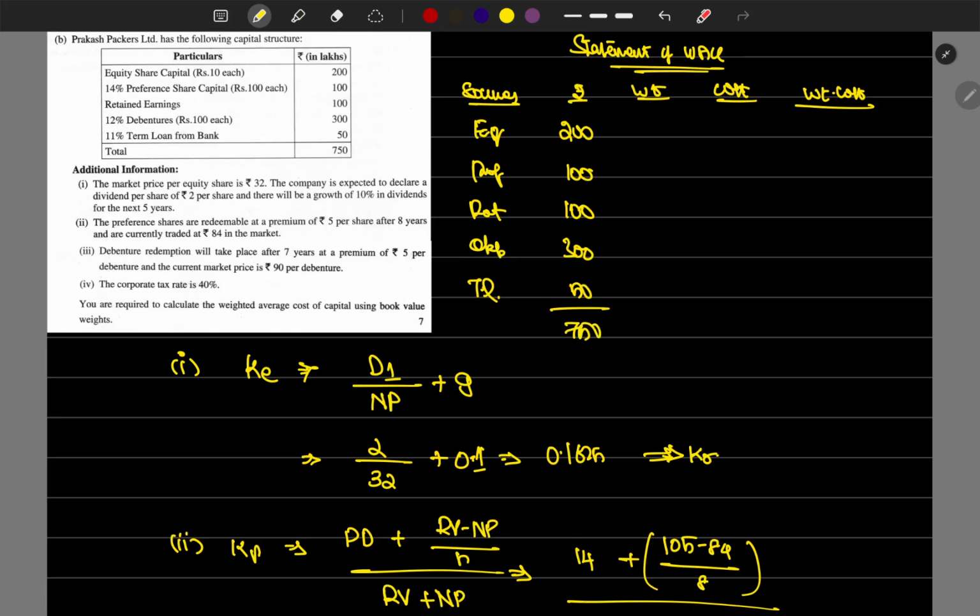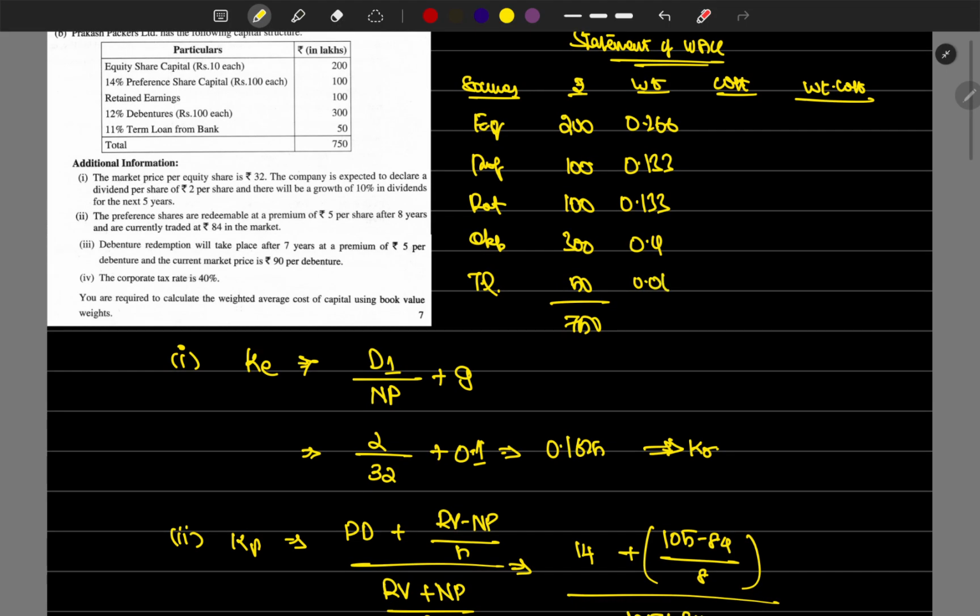So 200 divided by 750 is 0.266, 100 divided by 750 is 0.133 twice, 300 divided by 750 is 0.4, and 50 divided by 750 is 0.066.